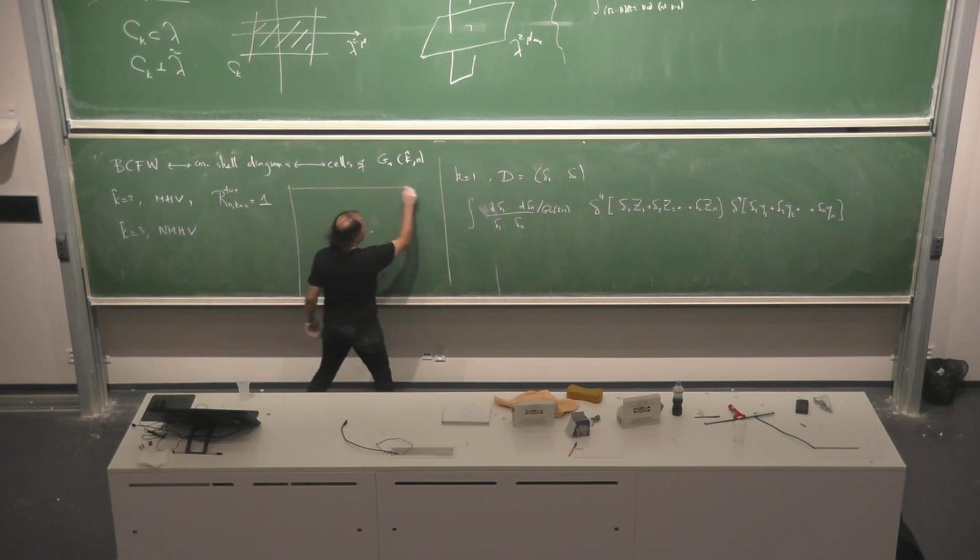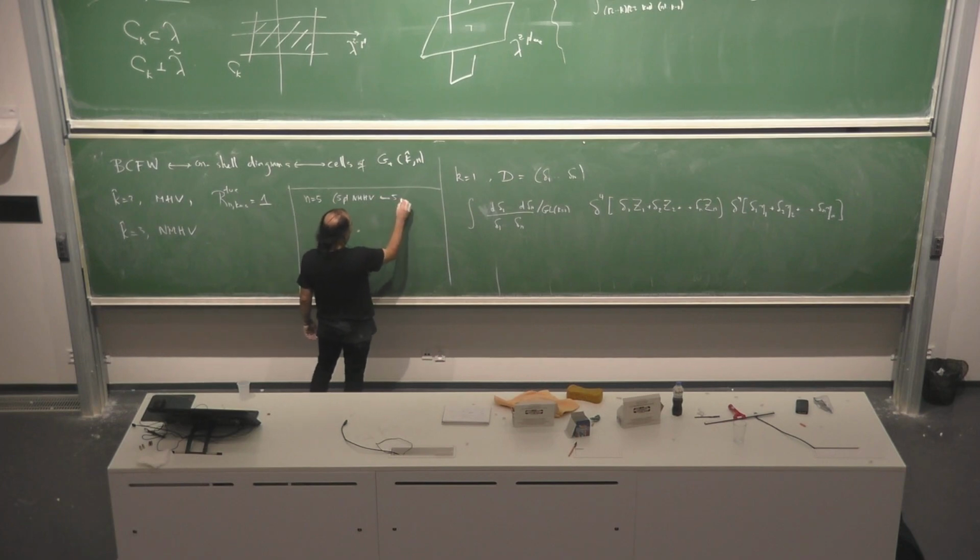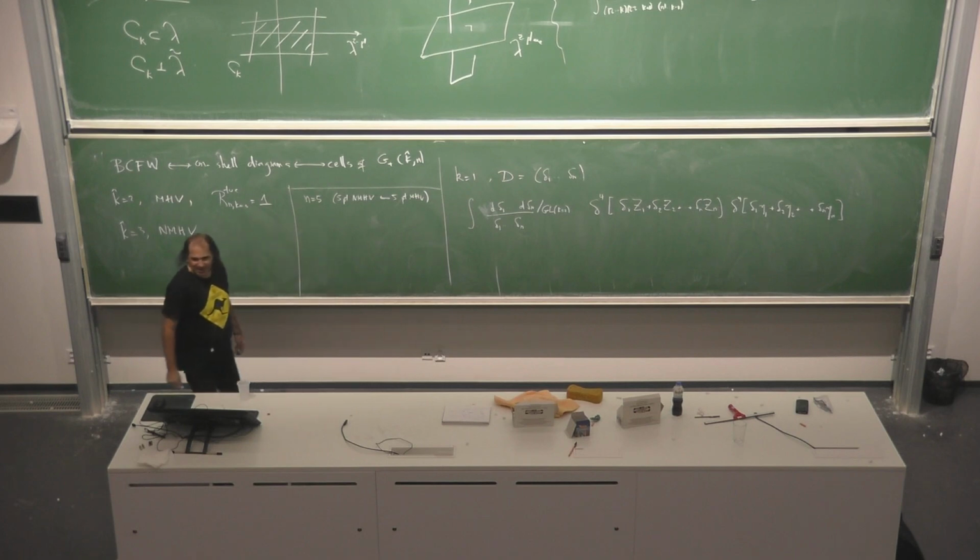That's the smallest interesting case. For n equals 5, remember this would be 5-point NMHV, which is the same as, by parity, the 5-point MHV. So we expect this should be a really simple case.